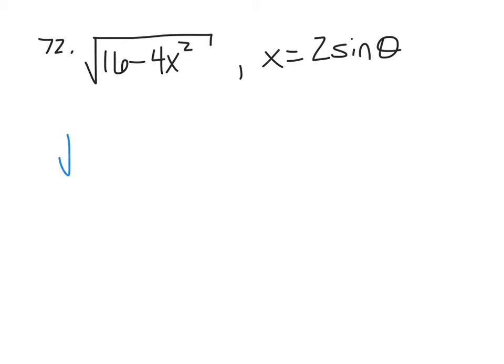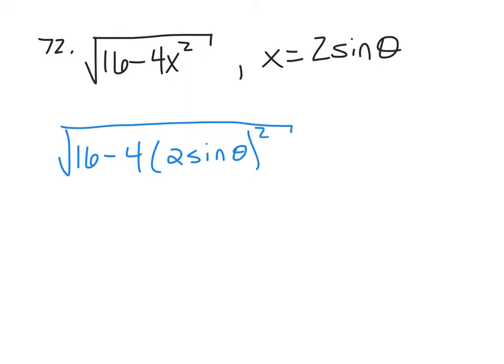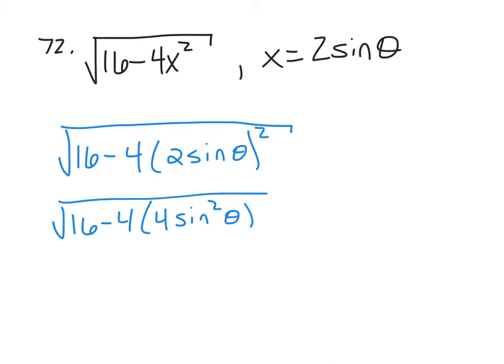So in this case, it's going to be 2 sine of theta, and we're going to square that. We're going to simplify that down as far as we can. So that's 16 minus 4 times 4 sine squared of theta. And then that's going to be 16 minus 16 sine squared of theta.